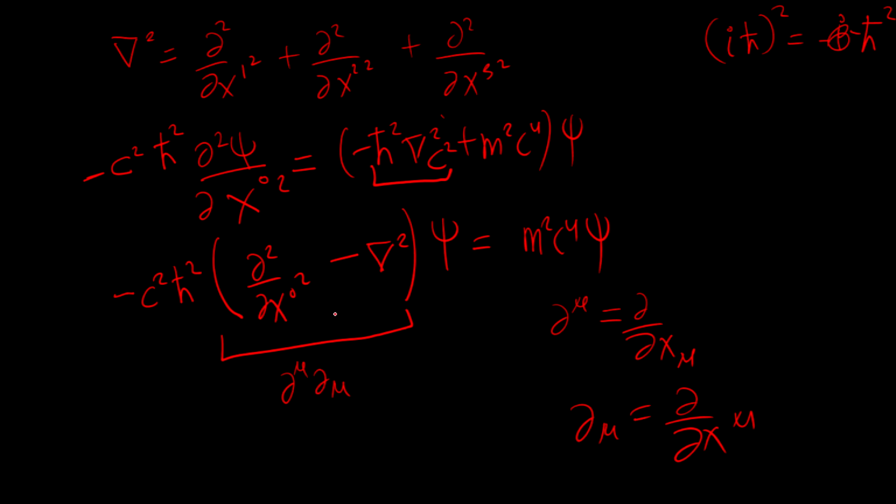So this is all about the 4 vector notation and nothing much. So we have minus h cross square c square del nu del mu, over the upper contravariant one, acting on psi, which is m square c power 4 psi.